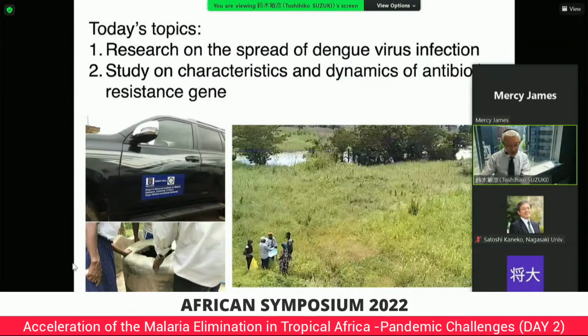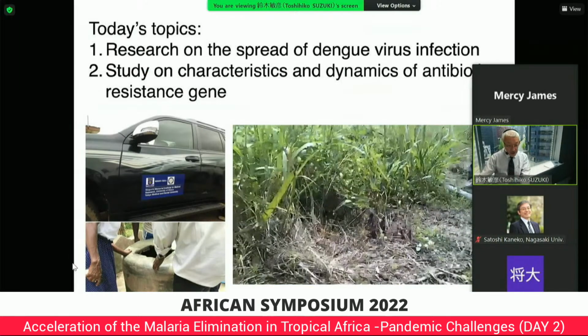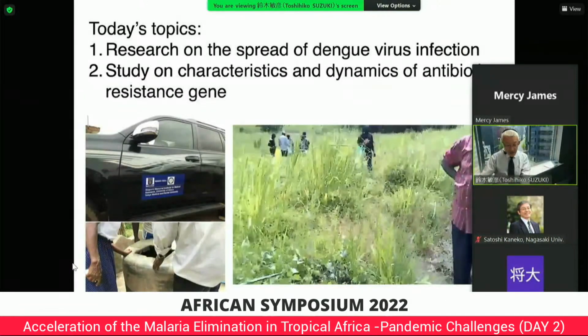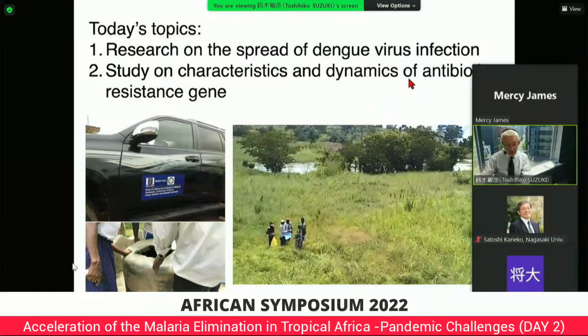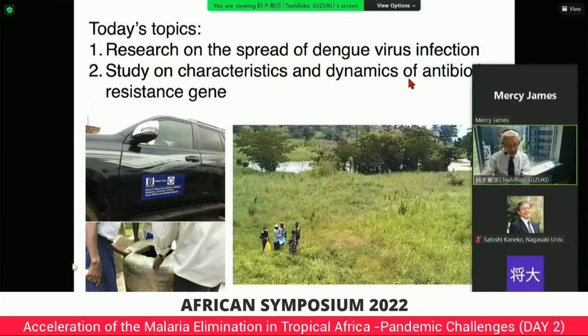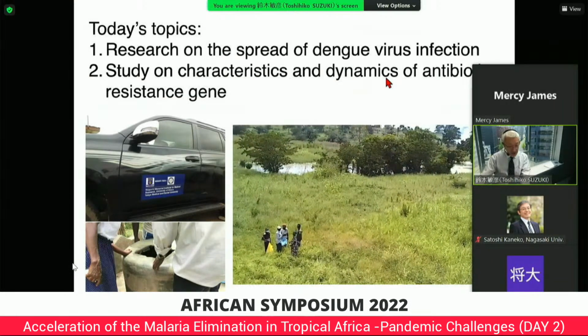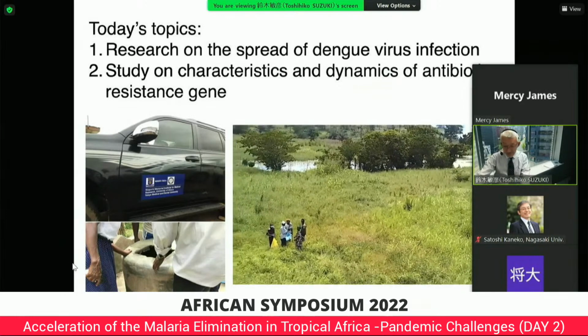Today, among many research projects in Ghana, I will introduce two topics in this session. The first is the spread of dengue virus in Ghana, and the second is the isolation and analysis of antimicrobial resistant bacteria in Ghana.